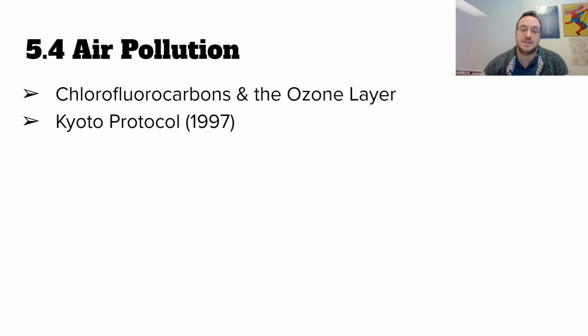Here in the US, the EPA regulates what emissions can be made through vehicles and industry. So the EPA is who actually enforced the US's agreement with the Kyoto Protocols.